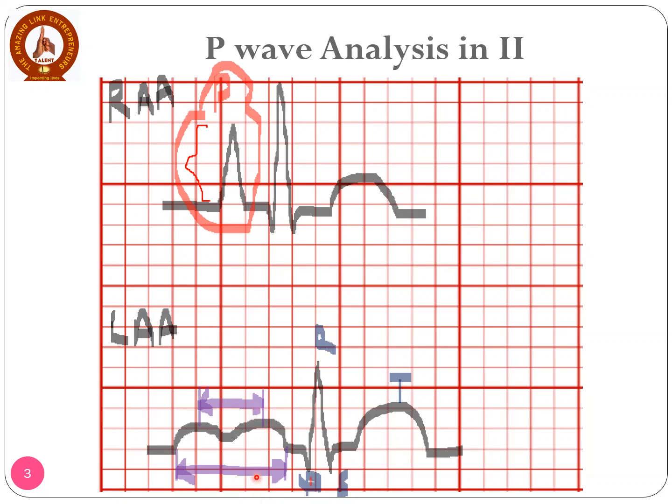When these criteria are met, that is left atrial abnormality. Take note, the amplitude is normal.